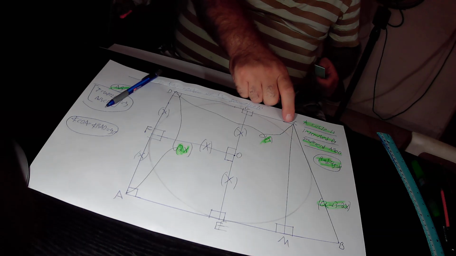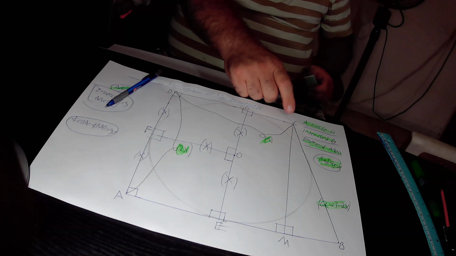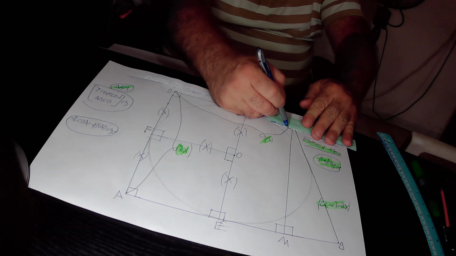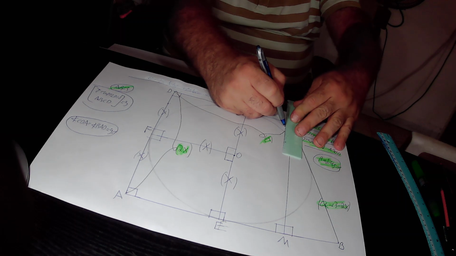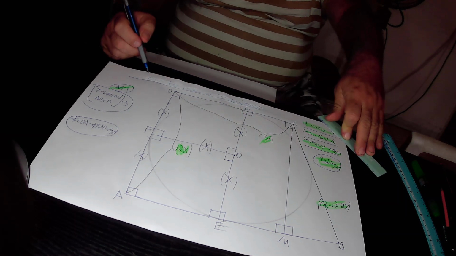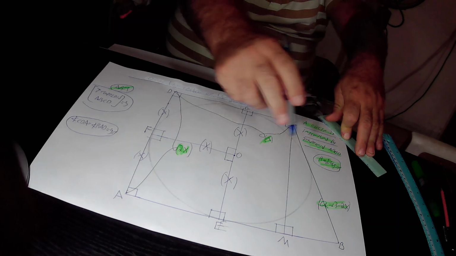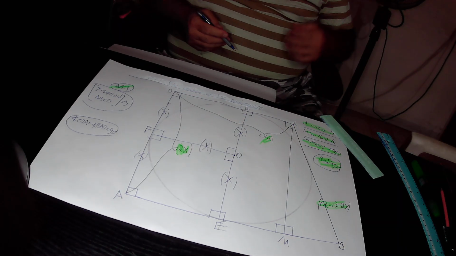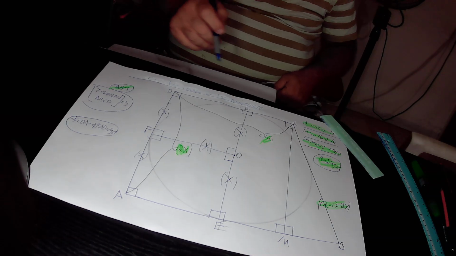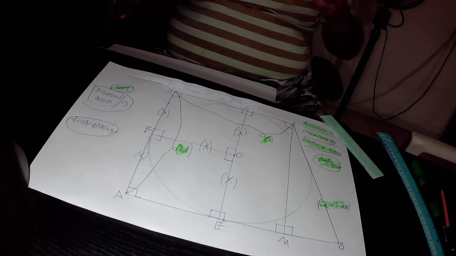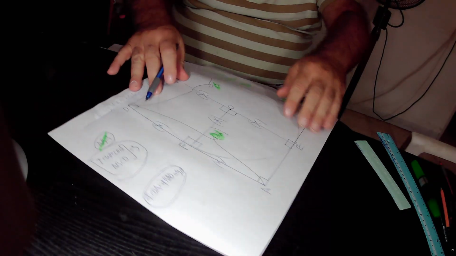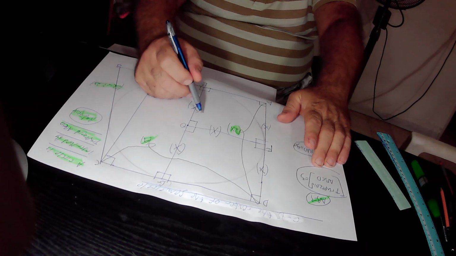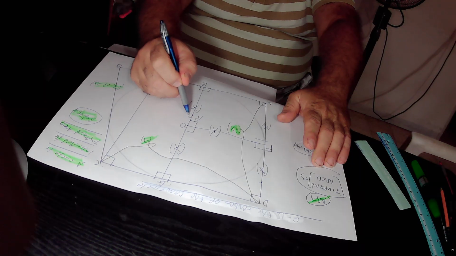Therefore this fourth missing angle must be equal to 90 degrees. So in the big quadrilateral DCMA, we have 4 right angles, and according to rule 5, quadrilateral DCMA is a rectangle because it has 4 right angles.